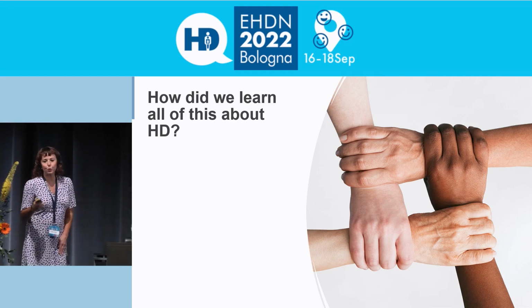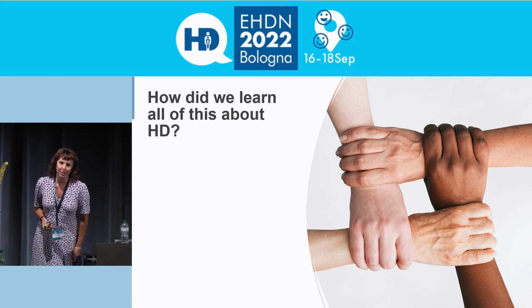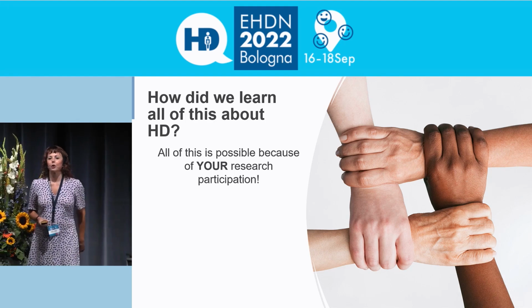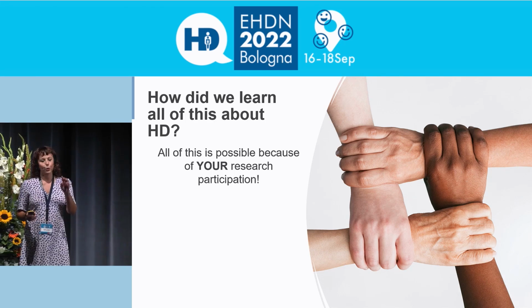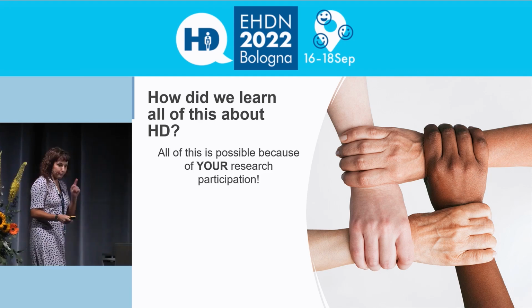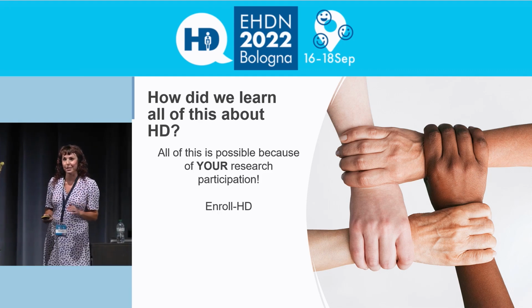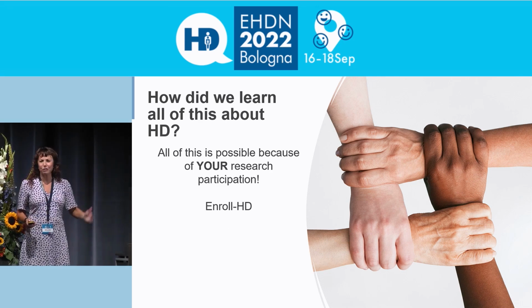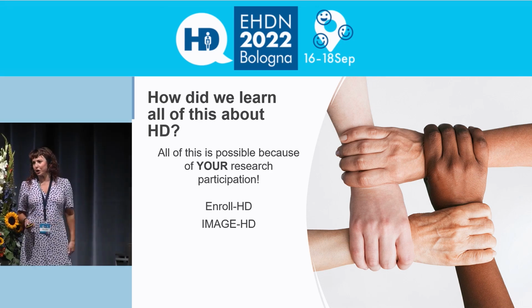So how did we learn all this about Huntington's disease? Well, we learned because of every single patient and family member who is in this audience or who may be looked after by people in this audience because of their participation in studies. We had the Enroll HD data, 20,000 individuals. We had Image HD from Nelly.